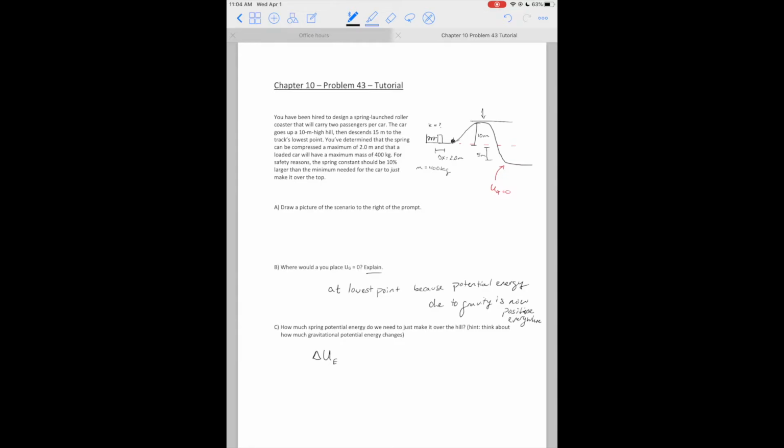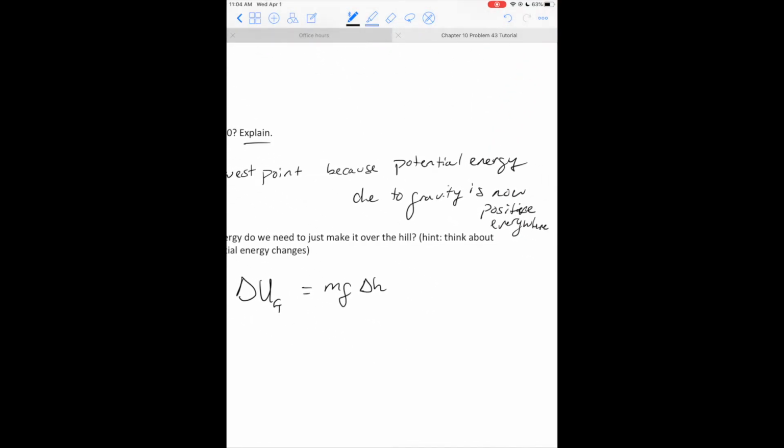So our delta UE turns into a delta KE, which turns into a delta UG in this scenario. Let's cut out the middleman. It doesn't go to 0, but let's just cut out the middleman. Let's just make these two equal to each other, all right? Delta UG is mg and then the height difference, delta H, if you will, or delta Y. And we know that this is going to be our 10 meters.